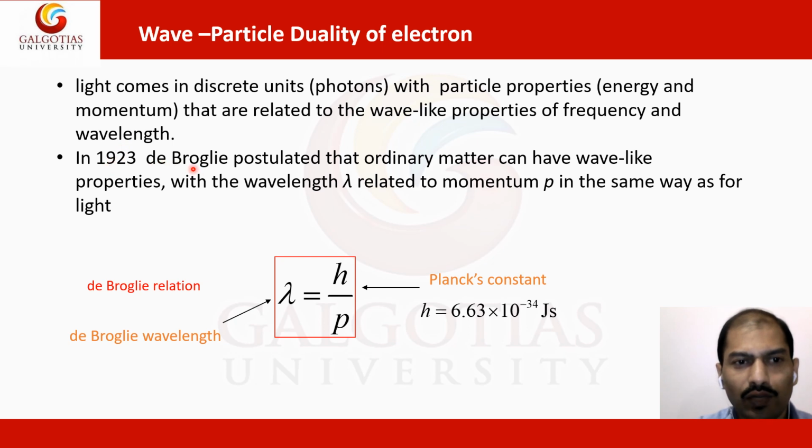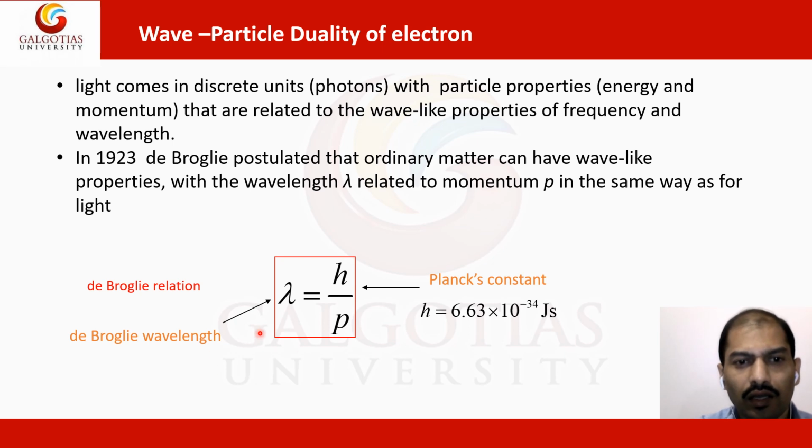In 1923, de Broglie postulated that ordinary matter can have wave-like properties, with the wavelength lambda related to momentum in the same way as for light. You might be aware of the de Broglie relation: lambda equals h upon p, where lambda represents the de Broglie wavelength.